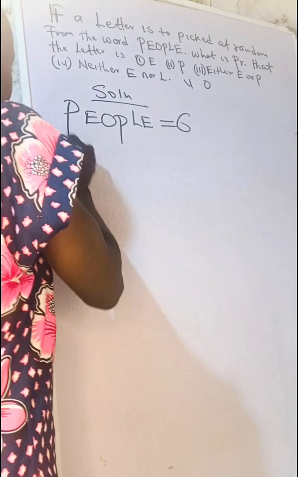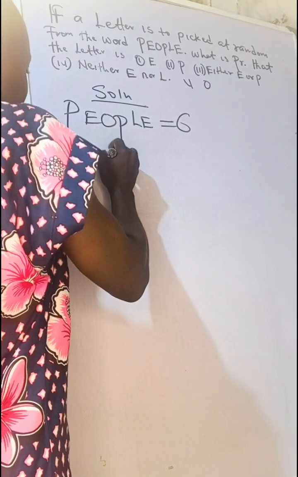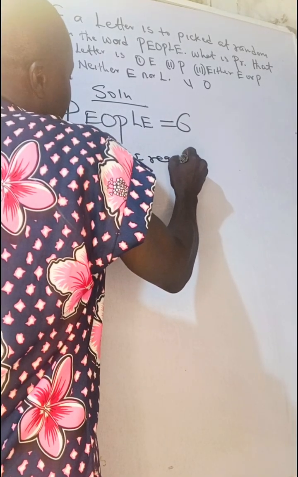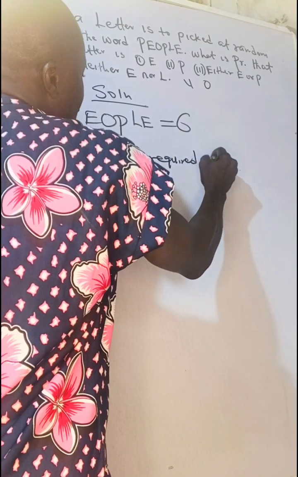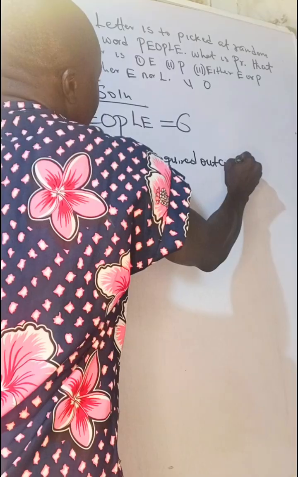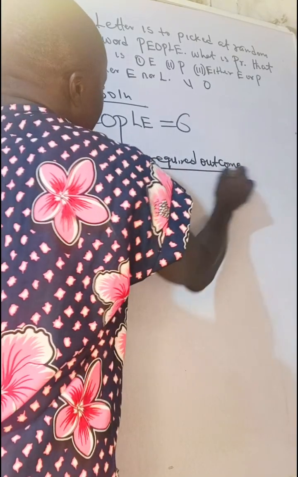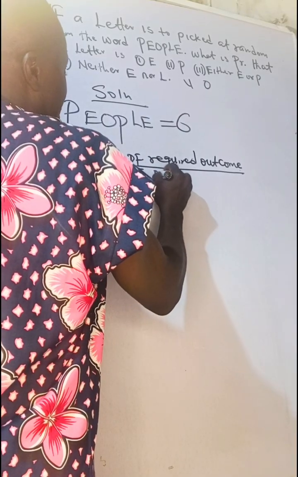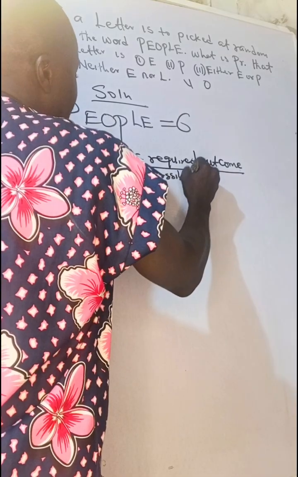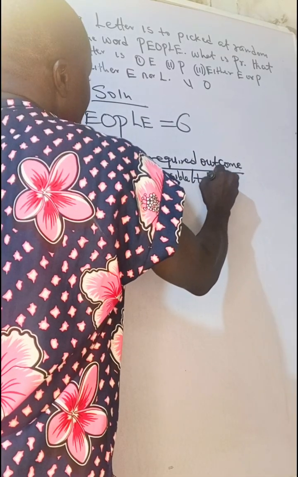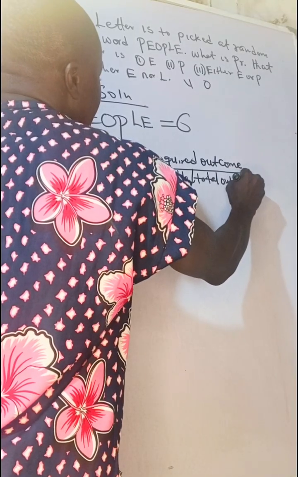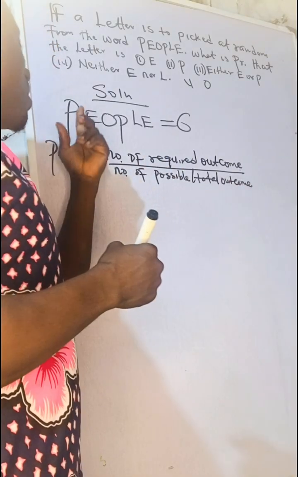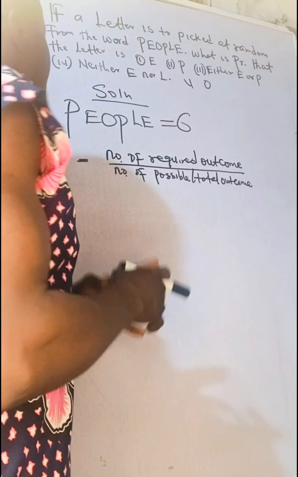Now you know that probability is equal to number of required outcome over number of possible or total outcome. So it can be number of required or expected outcome over number of possible or total outcome.